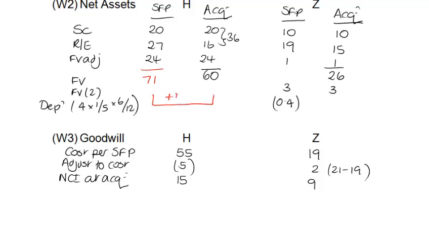Since acquisition, they've increased by 11. If we take a look at Zinc, at the acquisition date, they're 29. At the current date, 32.6 plus 3.6.